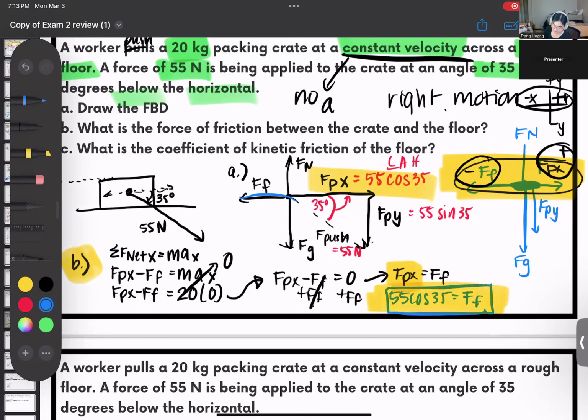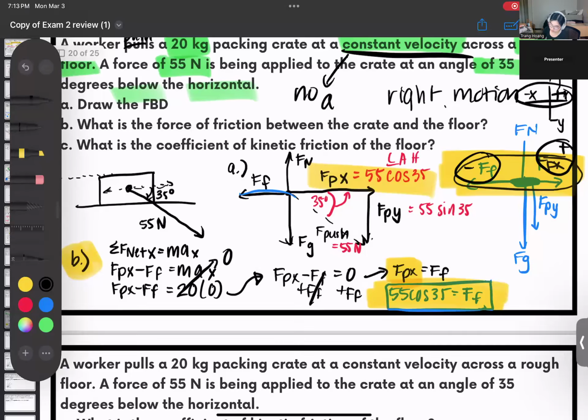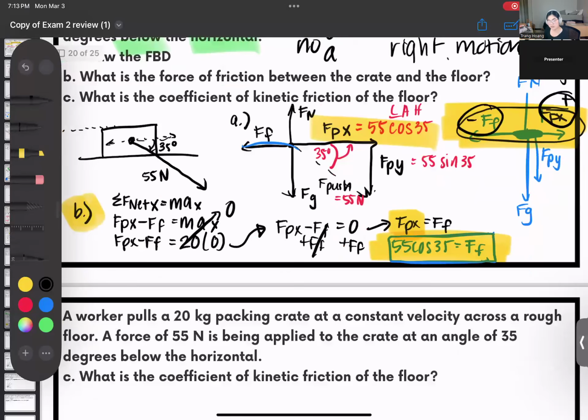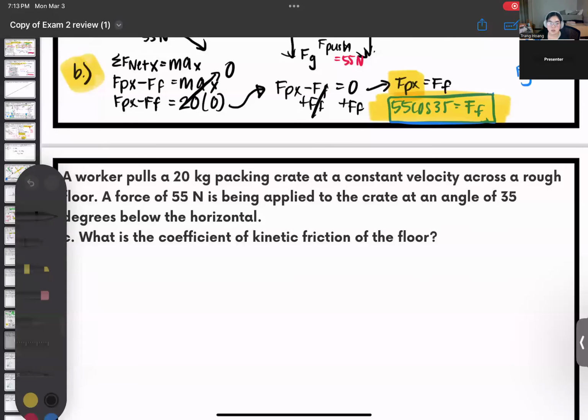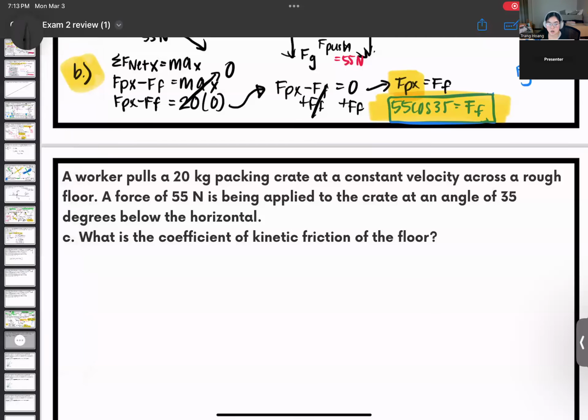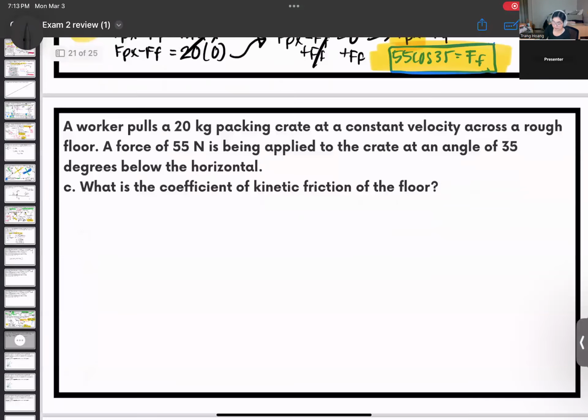Moving on to C, what is the coefficient of kinetic friction on the floor? This is nothing complicated. At least I don't believe. Actually, oh my gosh, it is complicated. I lied to you. I'm sorry. Okay, let's think about it again. Let's redraw our revised diagram.